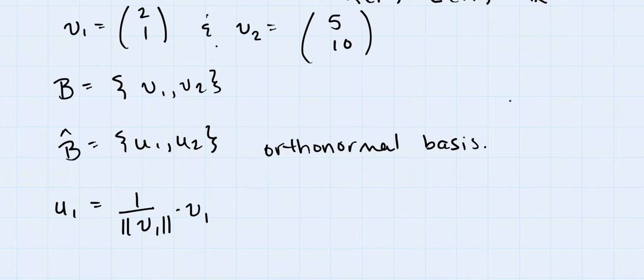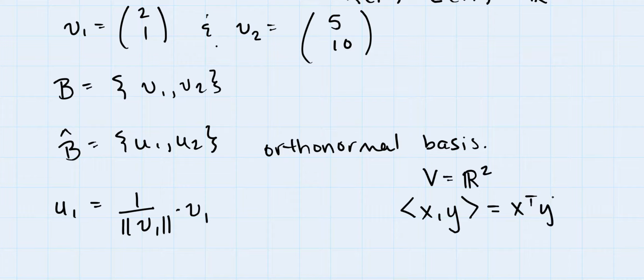So since we're dealing with the vector space R2, the inner product is X transpose Y, which is the dot product of two column vectors. Just keep that in mind.